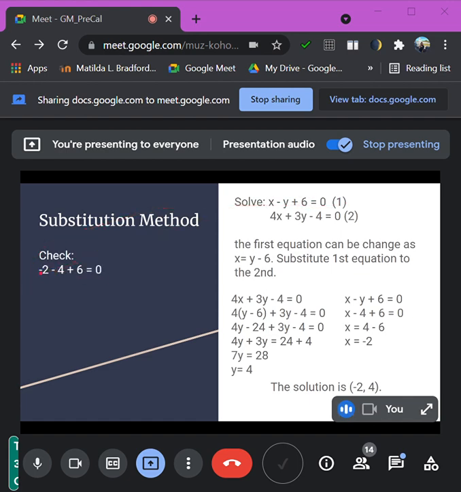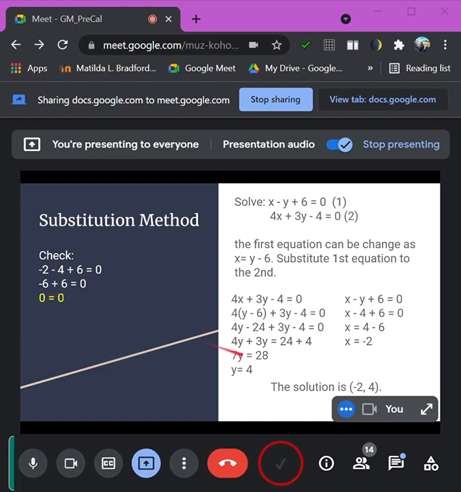So, we have negative 2 minus 4 plus 6. Ang x nimo negative 2, ang y 4, plus 6 is equals to 0. So, negative 2 minus 4 plus 6, that is negative 6 plus 6. And then kung i-add, i-simplify, that is 0 is equals to 0. So meaning to say, negative 2 and 4 is really a solution of our first equation.